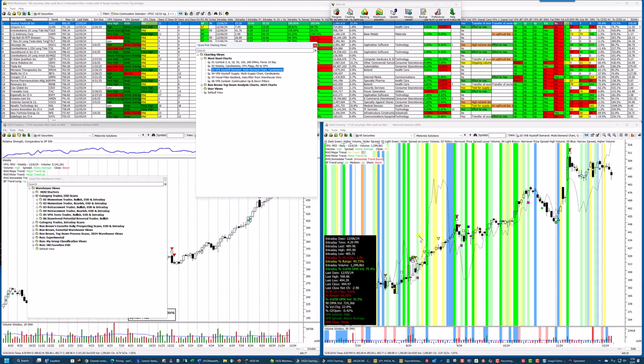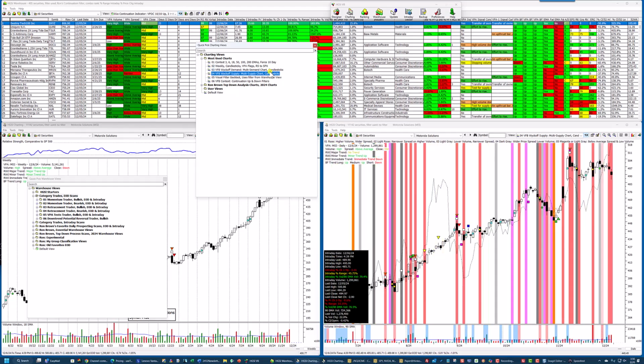The third one is the Wyckoff Bullish VPA chart, and all of these bars give a different signal of bullishness. Now this is the supply chart.